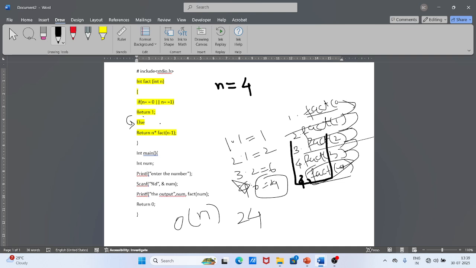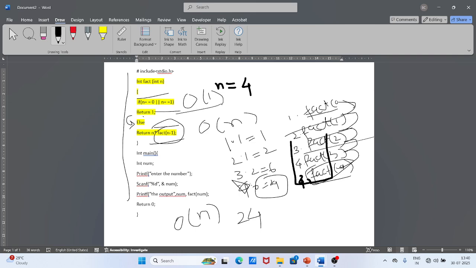And you can also check the time complexity. Here the calls are n times, so time complexity is also order of n. If you check this recursive factorial function and write it in an iterative version, there is no recursion, so no stack build-up.